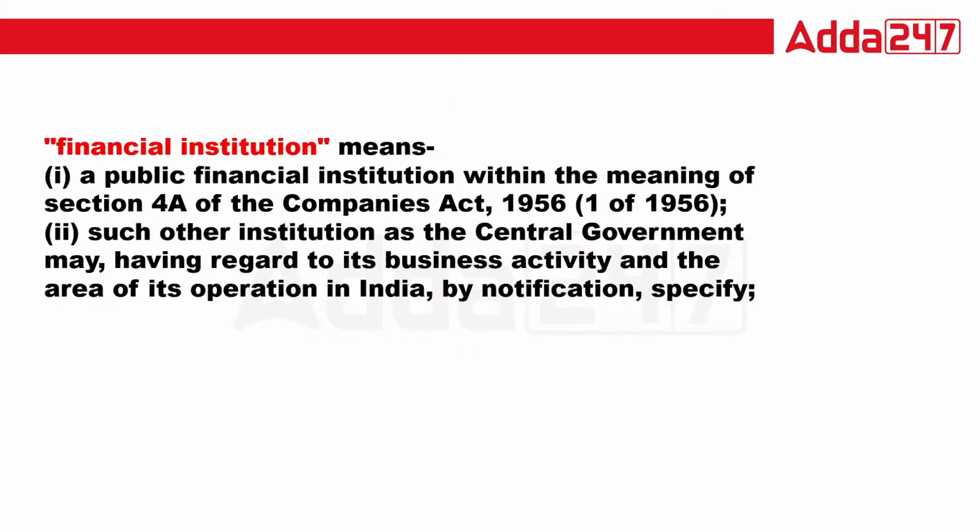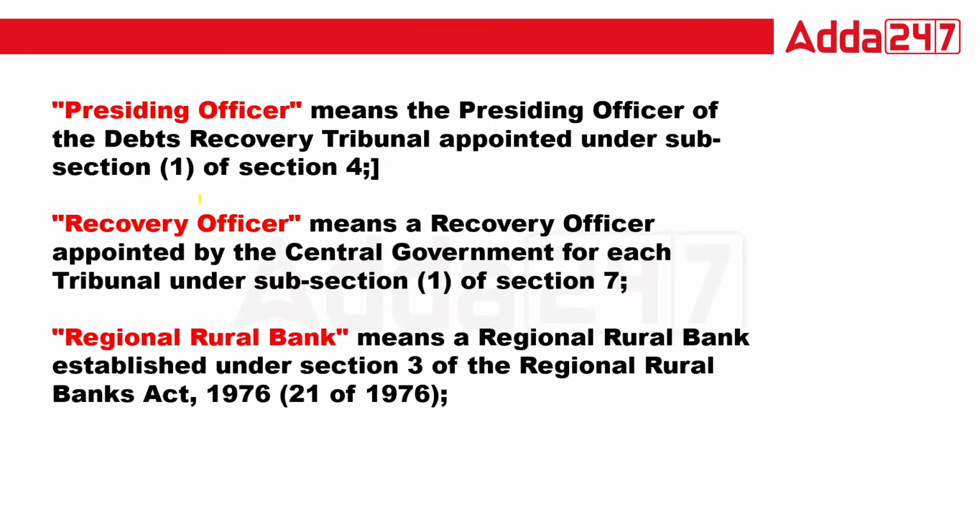Financial institution is basically a public financial institution within the meaning of Section 4A of the Companies Act. Presiding officer is the head of the DRT. Recovery officer is appointed by the central government and is a helper of the presiding officer.